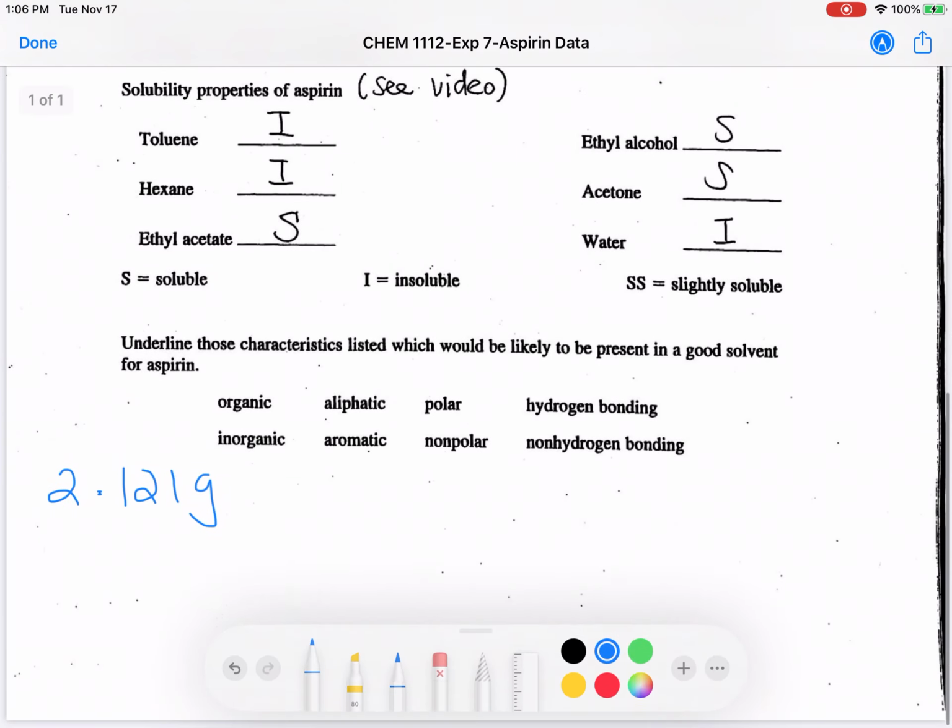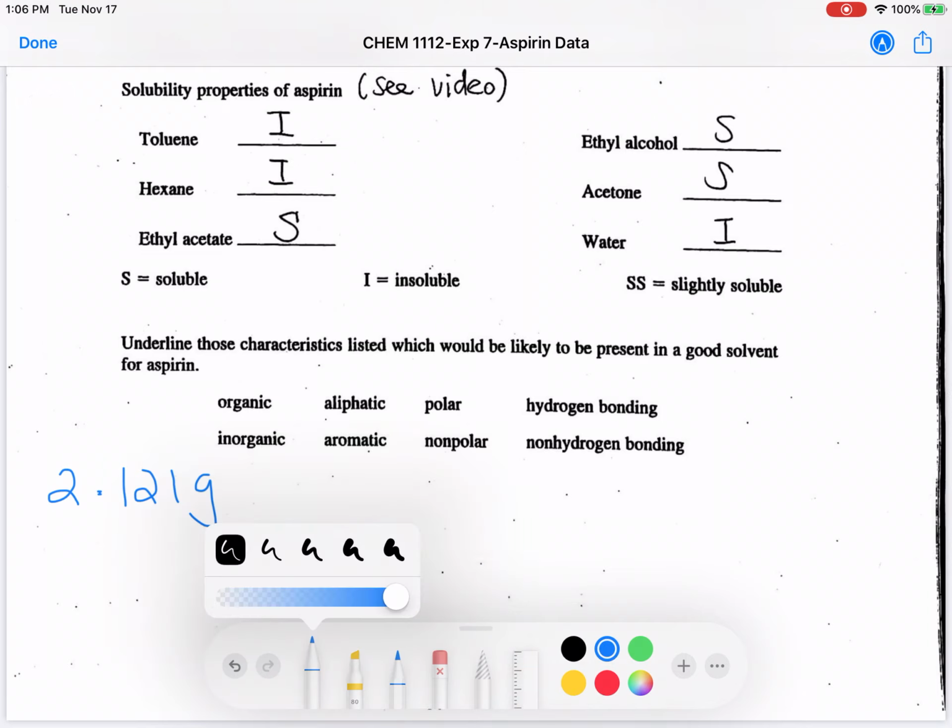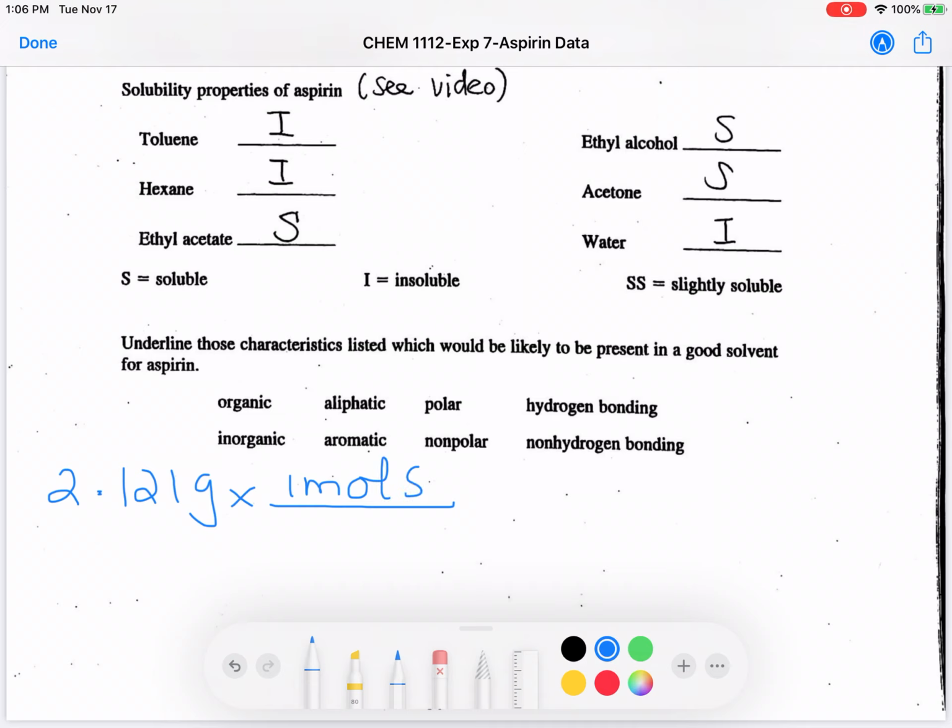Always make sure that you convert grams to moles using the molar mass of salicylic acid, 1 mole of salicylic acid, which you need to calculate. The salicylic acid structure is given in your experiment handout. Also, I believe you calculated this in your pre-lab assignment too. So the molar mass, right?